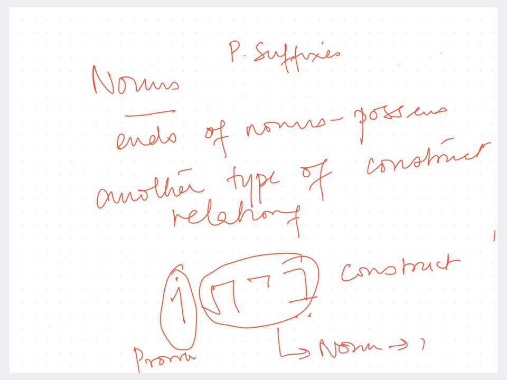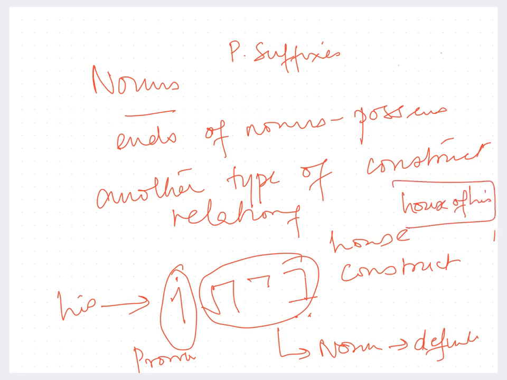This is always considered definite because his house, this is possessive, so his house. His house is always definite. It's not referring to any house, it's particularly his house. Now, this can alternately be translated as house of his, to show the construct relationship. But that's bad English, so we say his house as a possessive.